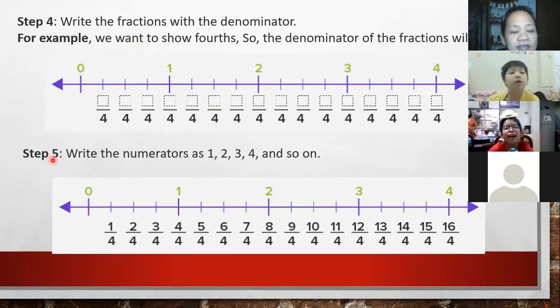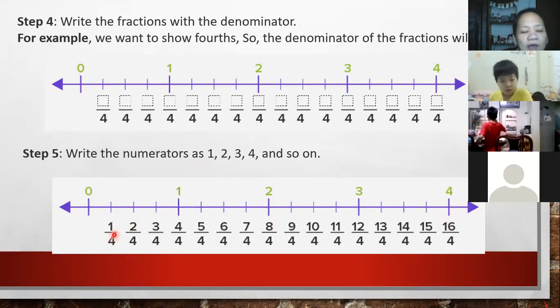Okay, and then step 5, write the numerator as 1, 2, 3, 4, and so on. You see? After 0 is 1/4, 2/4, 3/4, and 4/4.